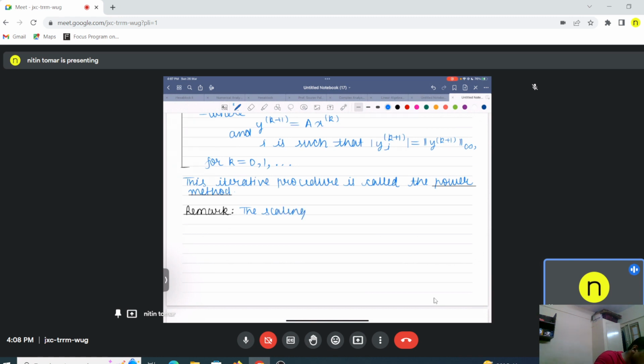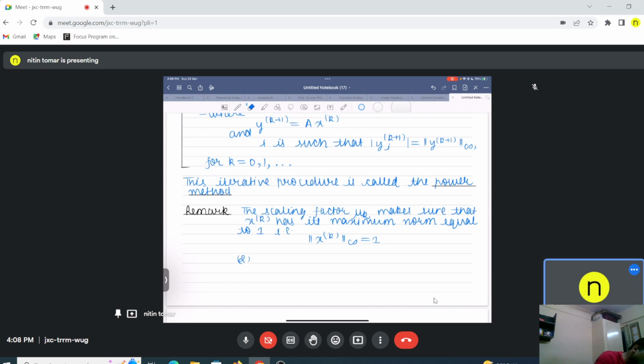The scaling factor mu k makes sure that x power k has its maximum norm equal to 1, and it makes a lot of calculation simpler. So this is the first remark.